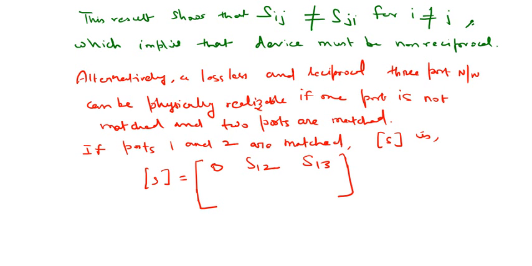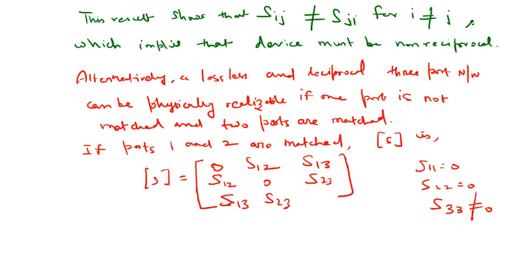Since ports 1 and 2 are matched, S11 is 0 and S22 is 0, obviously. But since port 3 is not matched perfectly, S33 is not equal to 0. So here we have S13, S23 and S33.